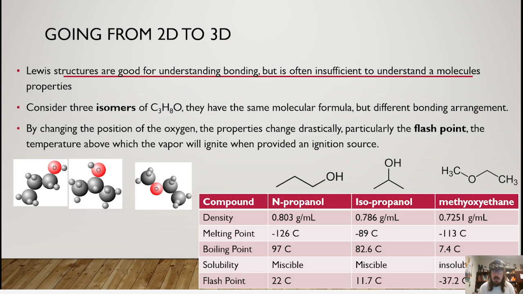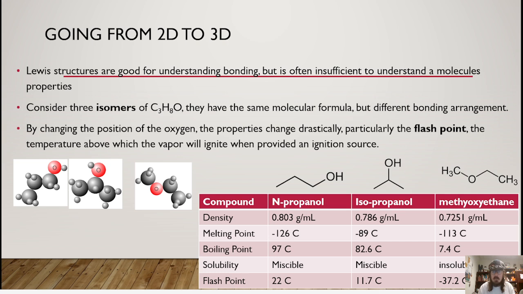So, n-propanol. That's 1-propanol, the linear chain of a 3-carbon alcohol. The density is 0.803. It is by far the most dense, meaning you can pack the most molecules into the same volume.